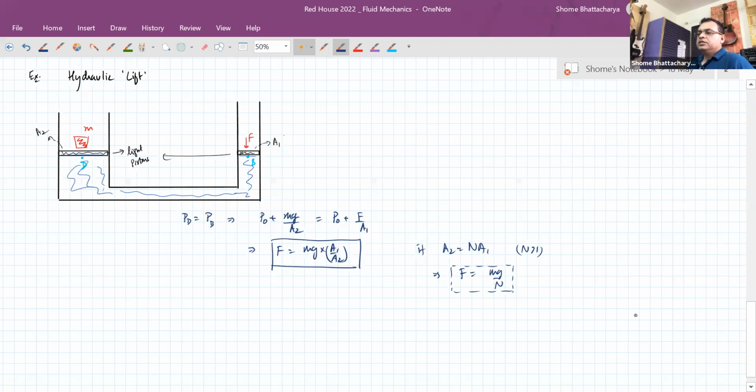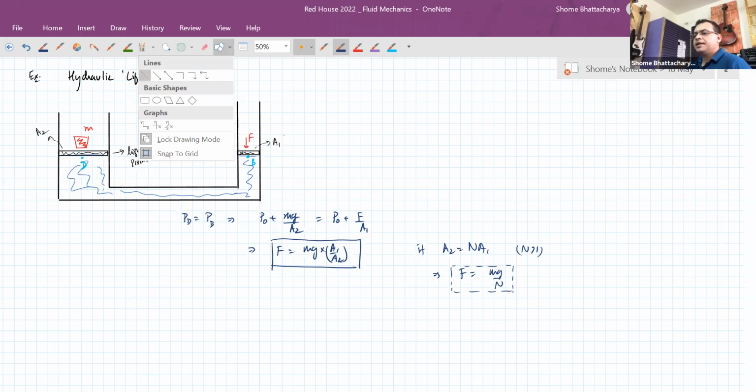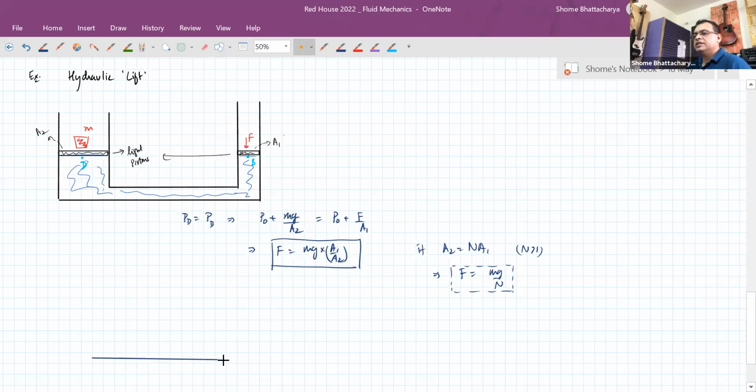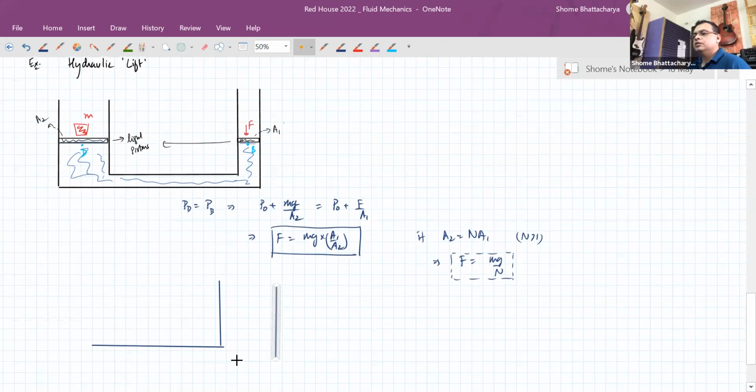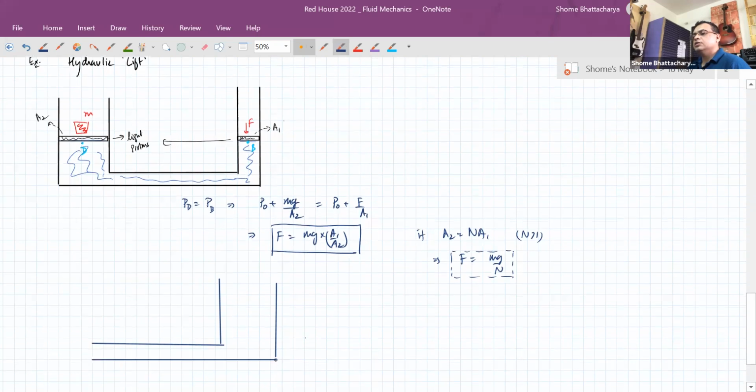Okay. Now, where this is also very versatile is that we can also have a situation where the direction of the force we are applying versus the direction of force which is generated can be manipulated very effectively, because pressure is a scalar quantity, whereas force is a vector quantity. So this can be taken advantage of in a hydraulic system.